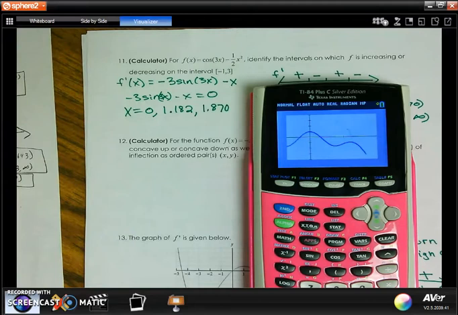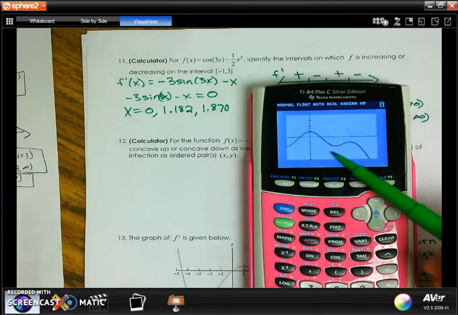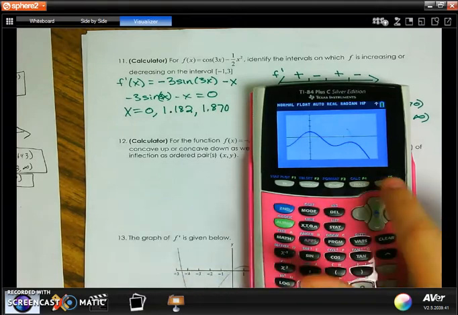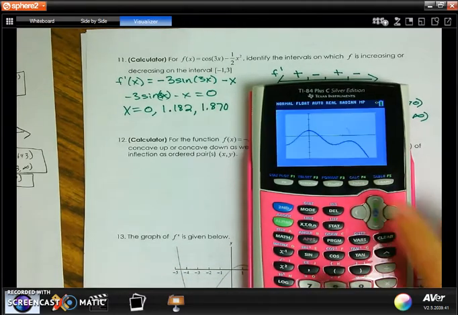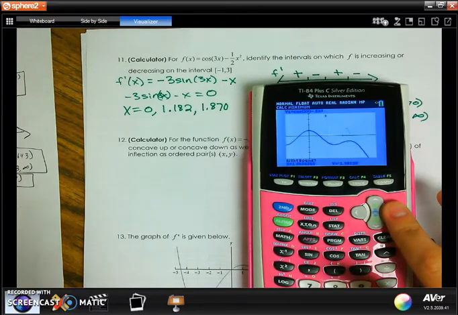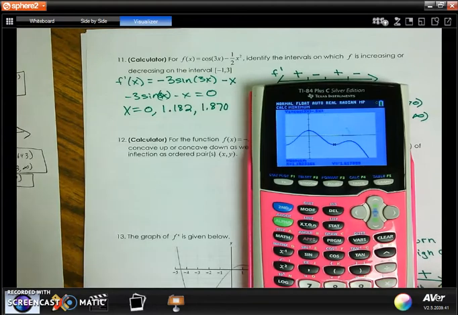If you were looking at just this graph, you would be looking for the maximum and minimum points. So you would be concerned with this right here and this peak right there. To find those, you'd hit second, calc, go to choice 3, minimum, and then go a little to the left and a little to the right of that minimum to find it.